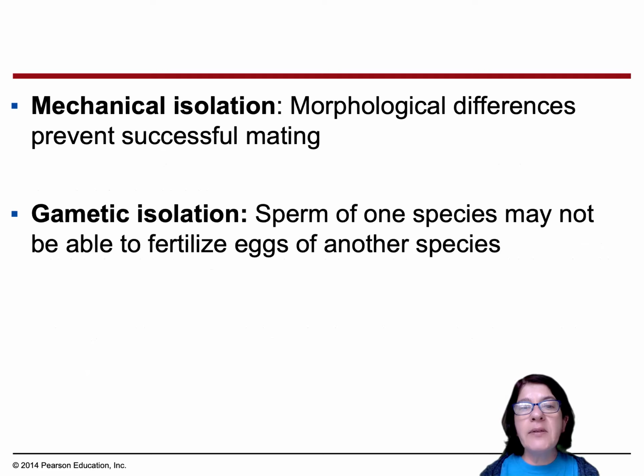Gametic isolation is when sperm from one species may not be able to fertilize the eggs of another species. Gametic isolation is very prominent in animals, especially fish, who have external fertilization, where the female lays the eggs and then the male sperm fertilizes the eggs outside of the female body. So gametic isolation is quite common in these types of organisms.